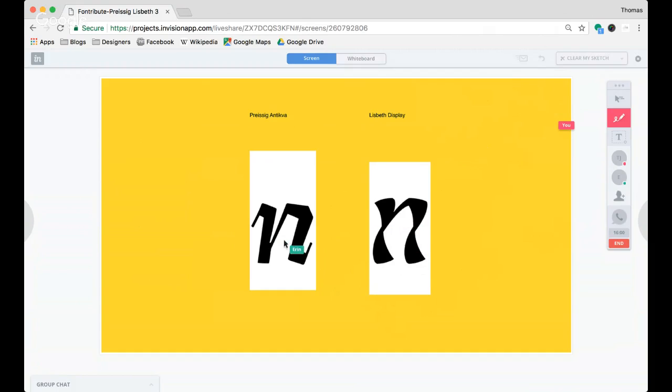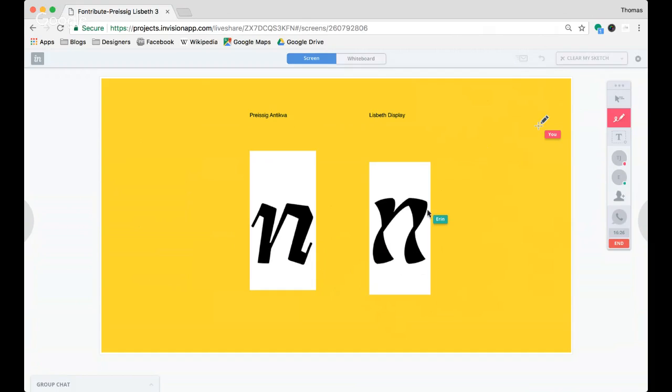Usually in typefaces, it's thick through the middle to establish strength and keep it from looking like it's dancing, tipping over. But Lisbeth is dancing, and we've got very repetitious forms. These are literally the same shape. This is very similar to this shape up here. So that's going to be interesting.